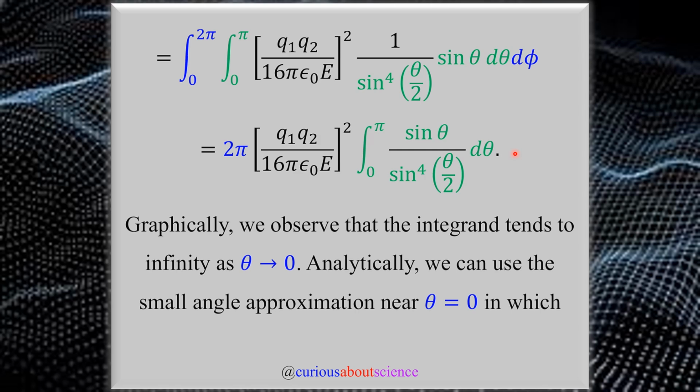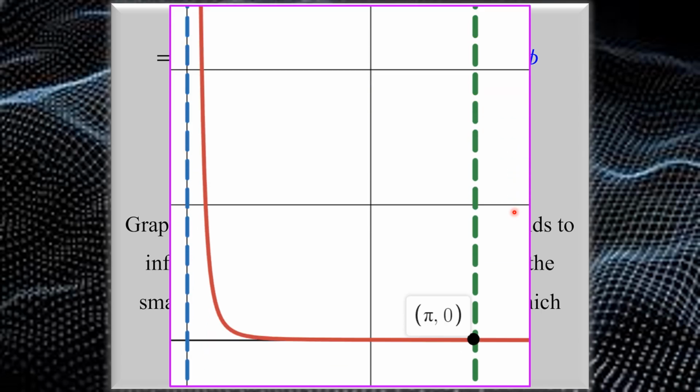It's just not nice. So graphically, we can observe some things. Let's go ahead and pull up a graph. What this tells us is that the red line is the integrand. Here is a vertical line where x equals pi. Here's a vertical line where x equals 0.